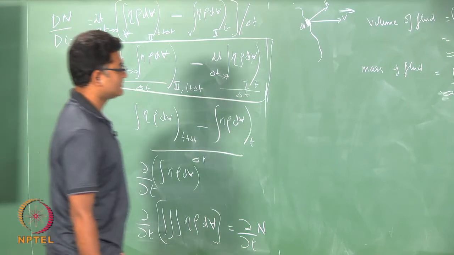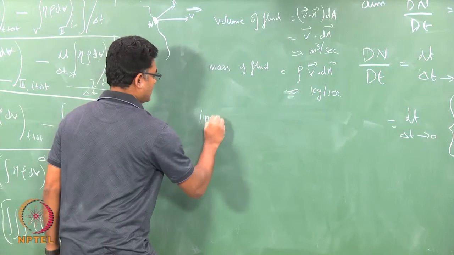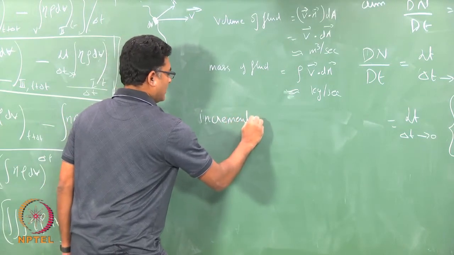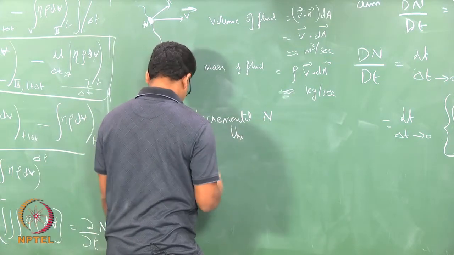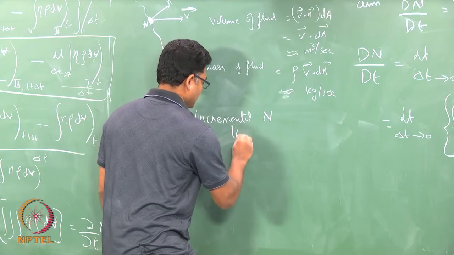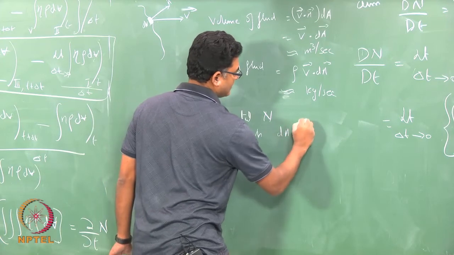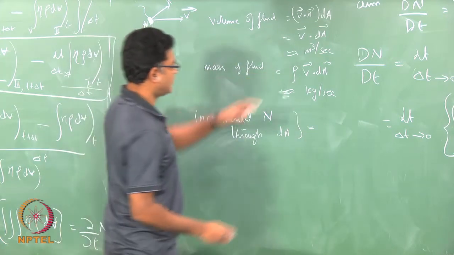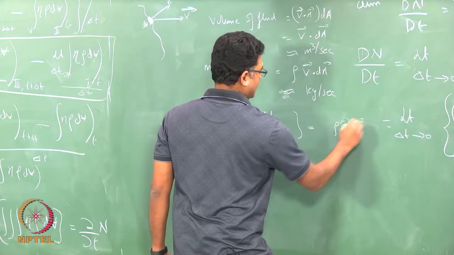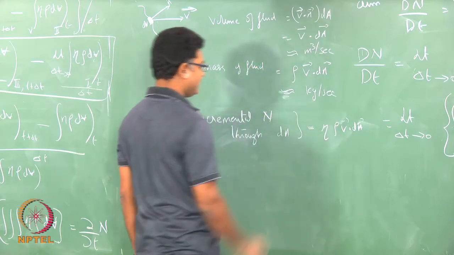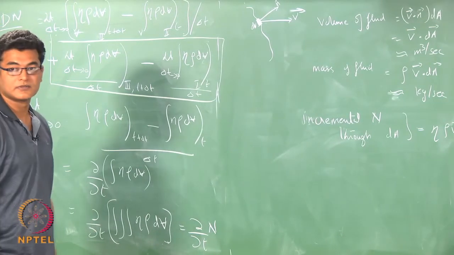If that is the mass that is coming out of dA, then the incremental quantity of N through the area dA is this quantity, which is dm, the mass, into eta, which is defined as the quantity per mass. Okay.